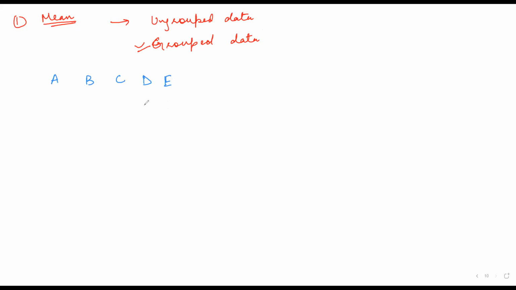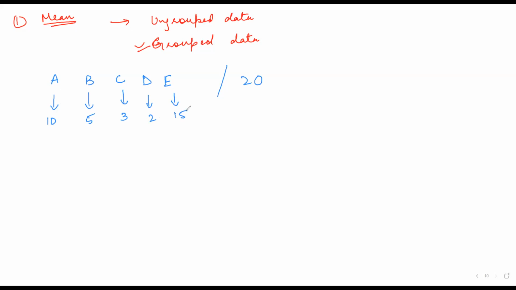The total marks in the test were 20. A has scored 10 marks, B has scored 5, C has scored 3, D has scored, let's say, 2 marks, and this one has scored 15 marks.